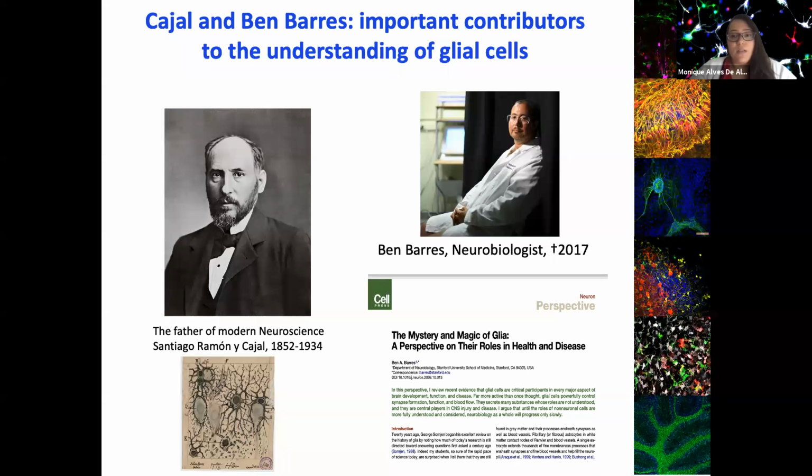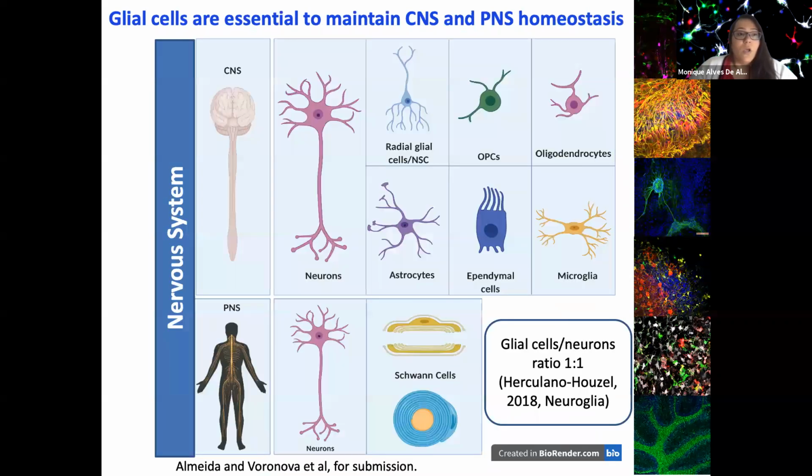Barres' major scientific contributions related to how glial cells release factors that help to make synaptic connections between neurons. Glial cells are essential to maintain CNS and PNS homeostasis. So let's get into what glial cells are.